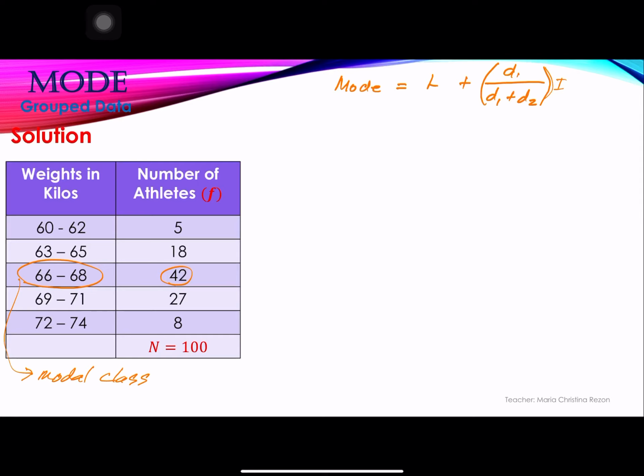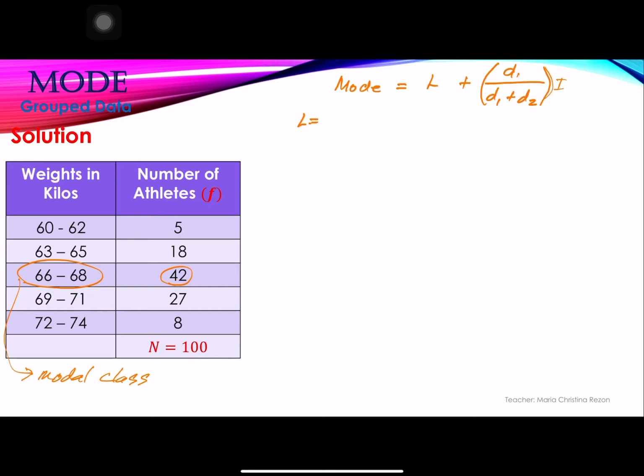Now let's see. What is our D sub 1? D sub 1 is the difference between the frequencies of the modal class and that of the class preceding the modal class. So let's have our symbols here. L is equal to the lower limit of the modal class, the true lower limit.